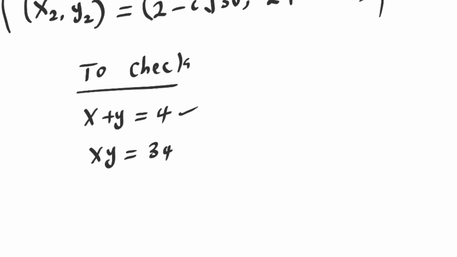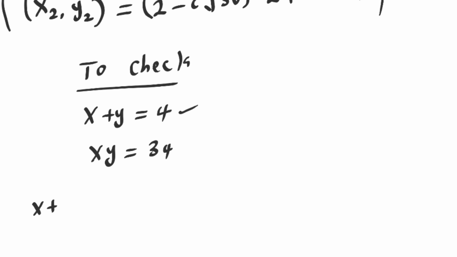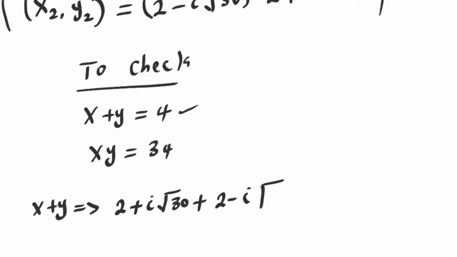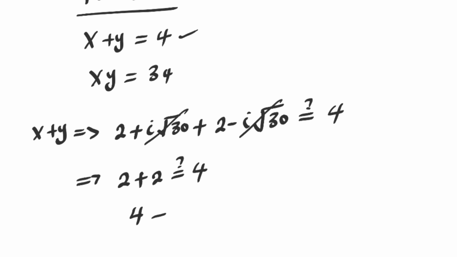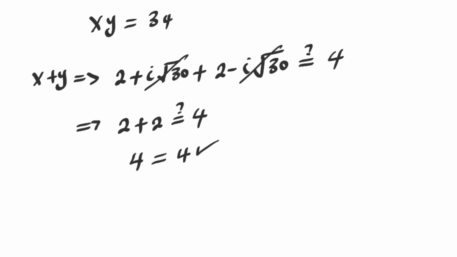Let us consider this. x plus y, this can be written as 2 plus i root 30 plus 2 minus i root 30 must be equal to 4. This cancel this. We have 2 plus 2 must be equal to 4. 2 plus 2, this is 4, is equal to 4, which is true.